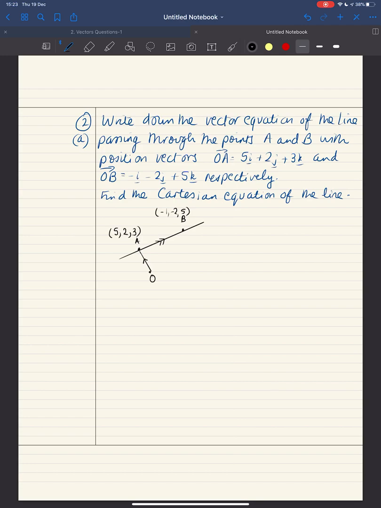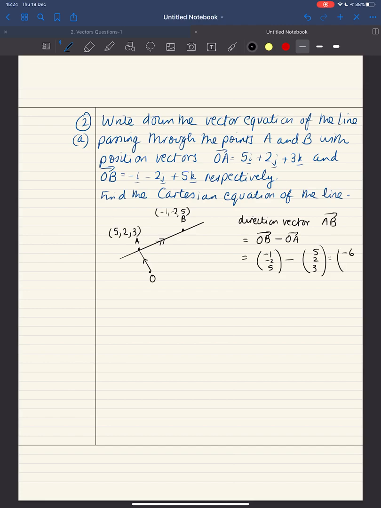Okay. So the direction vector is A to B. So this is OB minus OA. So this is going to be minus 1, minus 2, 5, minus 5, 2, 3.